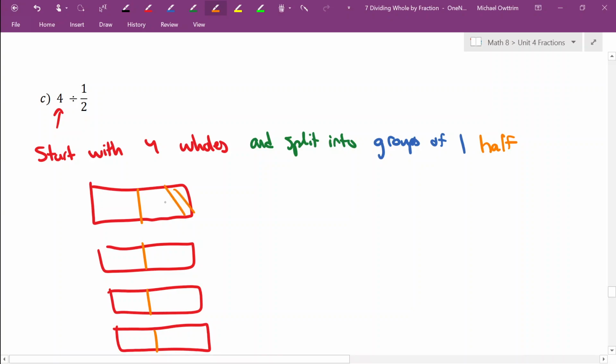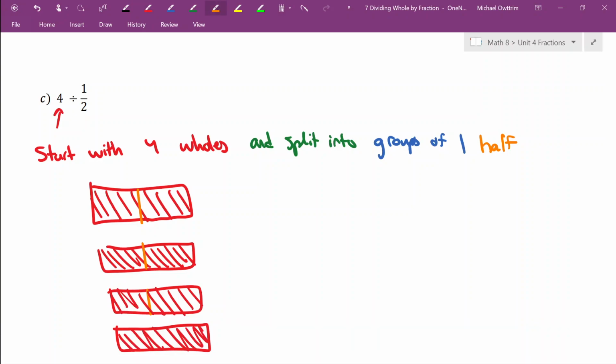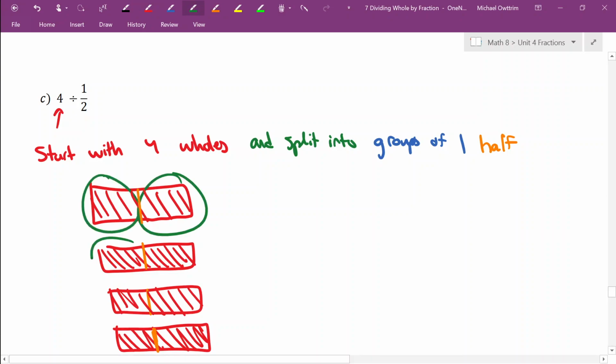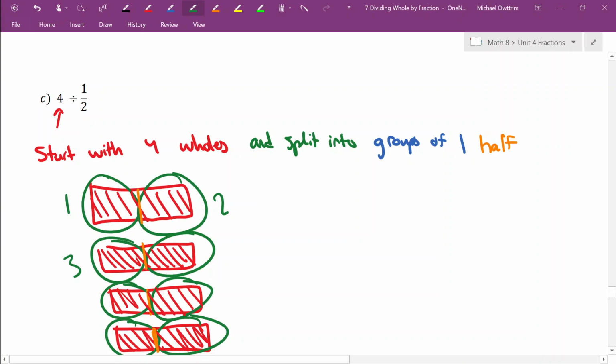We do have all of each whole. That's my dividing line there. And then each of these sections I can actually call one group, because each group only needs 1/2 in each of it. So if we count up, there's 1, 2, 3, 4, 5, 6, 7, 8 groups. And so we can say our quotient here is 8.